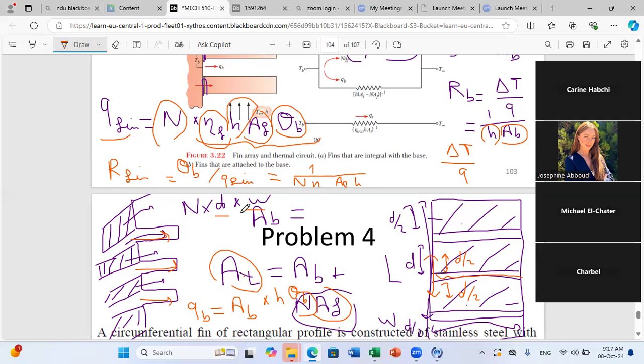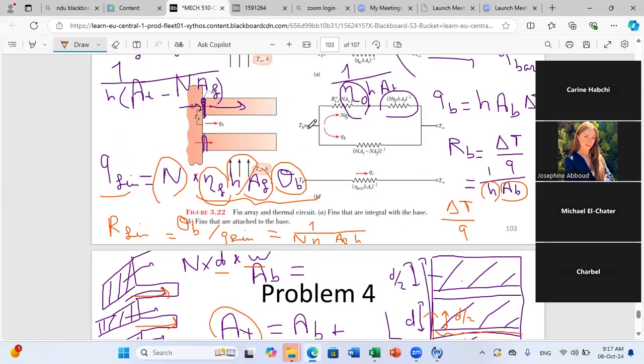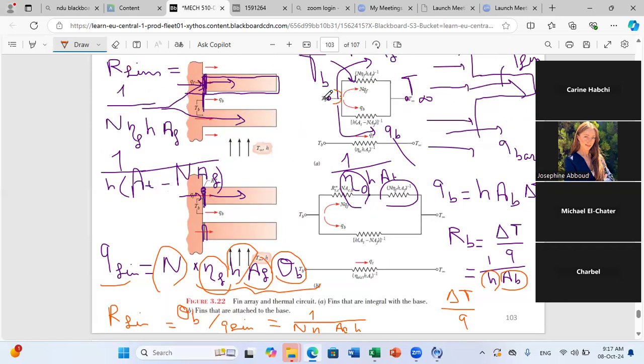And when you want to draw your thermal circuit, since Q is divided into two parts, you have two resistances in parallel. And if you put T base, you have one resistance to fins and one resistance to the area not covered by fins. And then you can replace these two by one equivalent resistance.